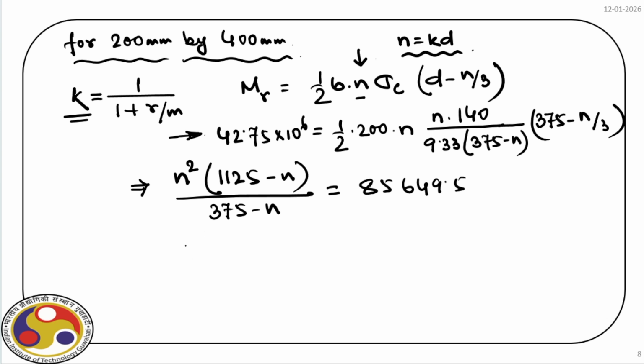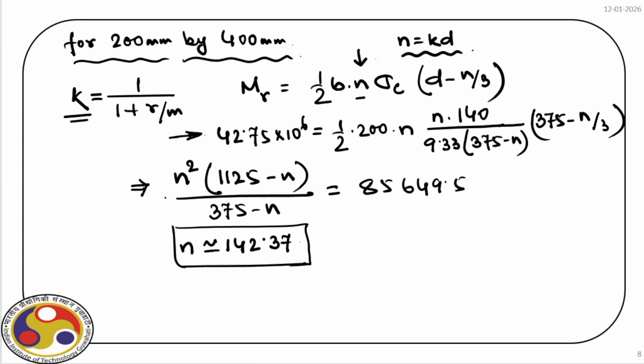If you go by trial and error method, approximately this value will be very close to 142.37. So this is the trial and error solution. If you can solve this cubic equation directly using your calculator, you can straight away get the exact value. Otherwise, we have to go for an approximate solution.